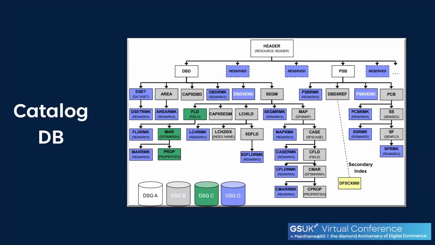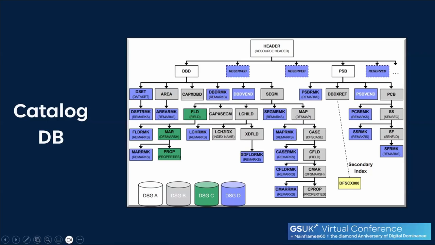That's why they are color coded this way. And you might notice that there are two more important things to note here: there is something called the DBD vend segment type and the PSB vend segment type.